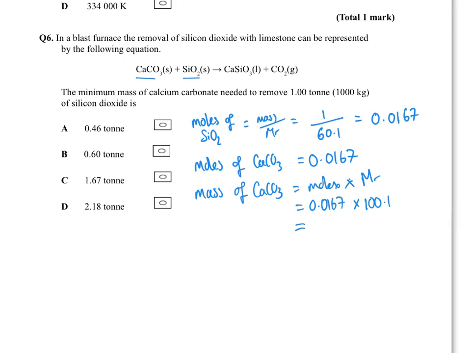If we multiply those two together, we get 1.67. Don't forget, because we didn't convert it from tonnes in the first place, our answer is going to come out in tonnes. Really, if we're going to use mass over Mr, we should have converted it into grams, but that same conversion would have cancelled out with the final conversion back into tonnes. So that gives us an answer of C.